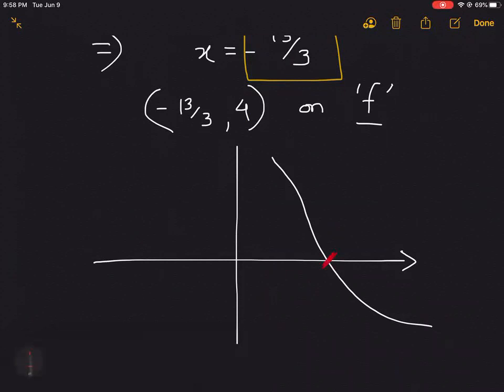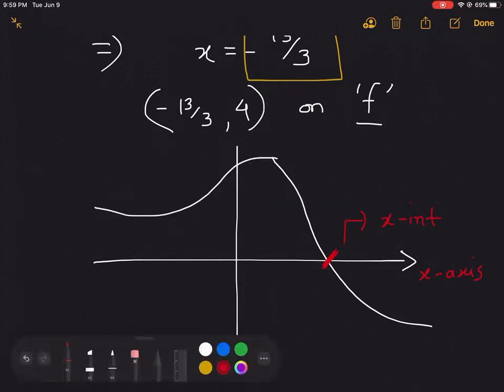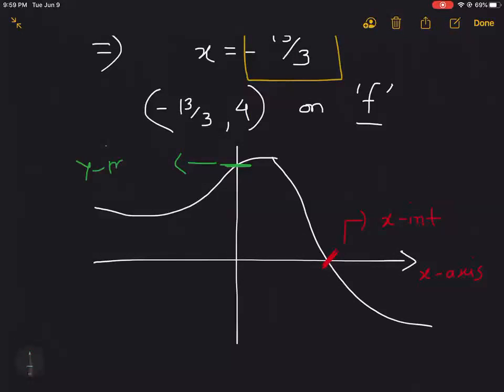It has to intersect at least one point on the x-axis if it actually goes past this. So this point is called the x-intercept, where your curve intersects with the x-axis. Similarly, if your graph intersects at any point on the y-axis, then we say that this is your y-intercept.